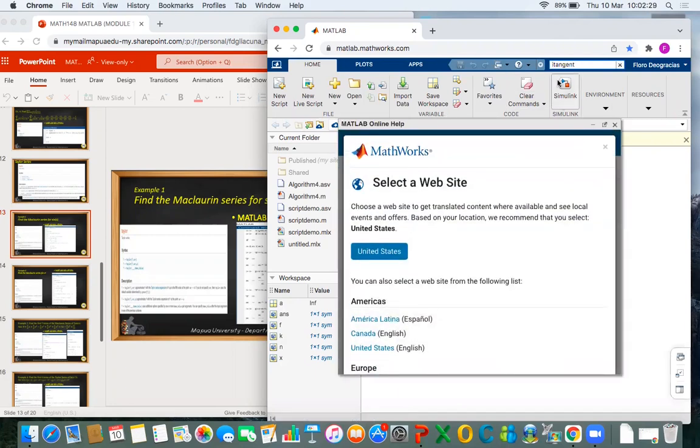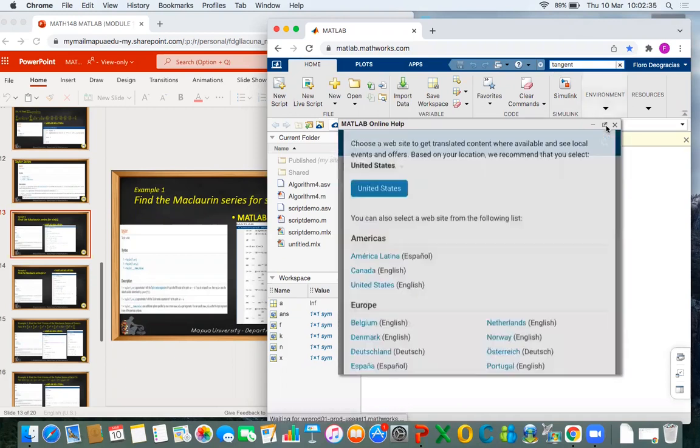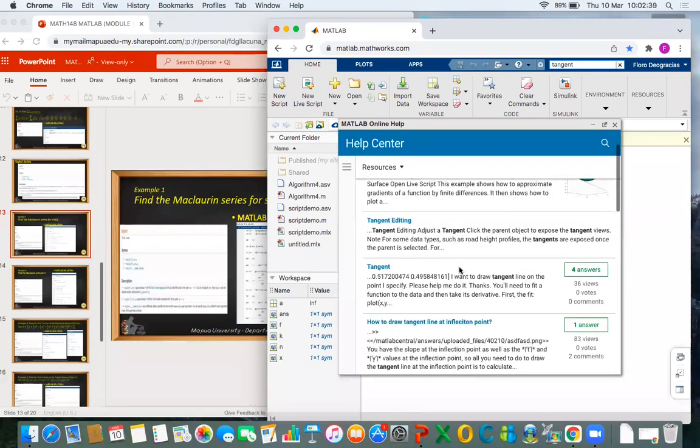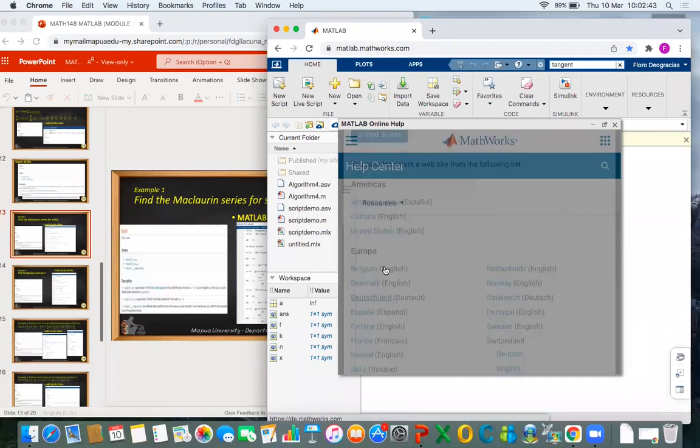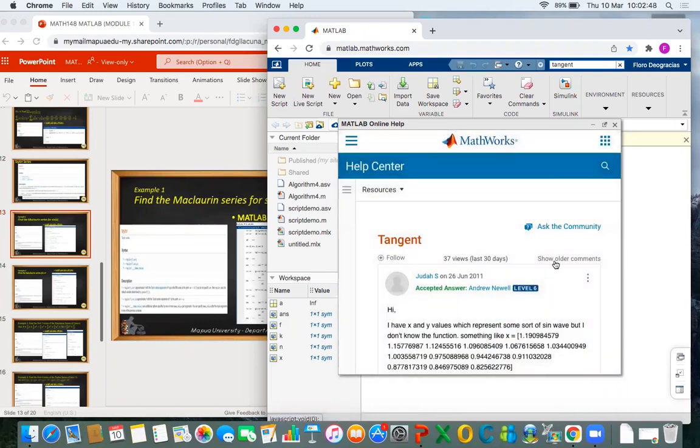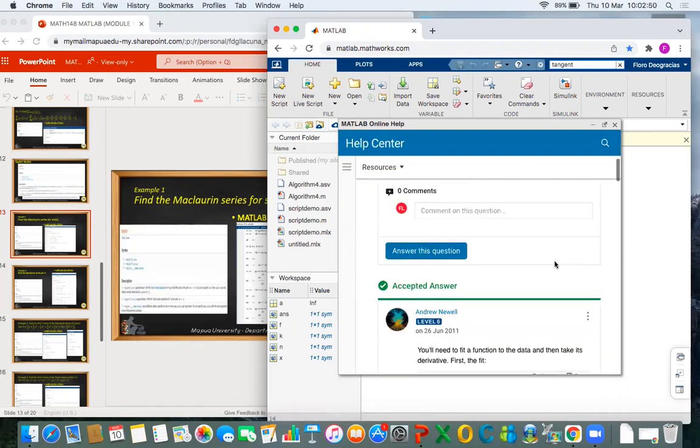I'm sorry, class, that should be tangent function. So this is the syntax for tangent.